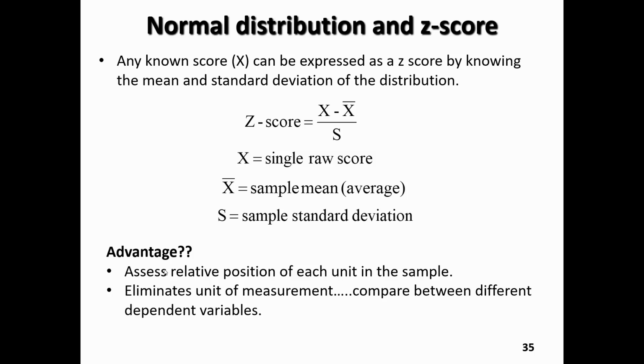So not only will this allow us to compare the position of one case in our sample or one unit in our sample to the average, we'll also be able to compare the position of one score to another individual score within that sample. And it also eliminates the unit of measurement. So this allows us to compare between different outcome measures or different dependent variables.